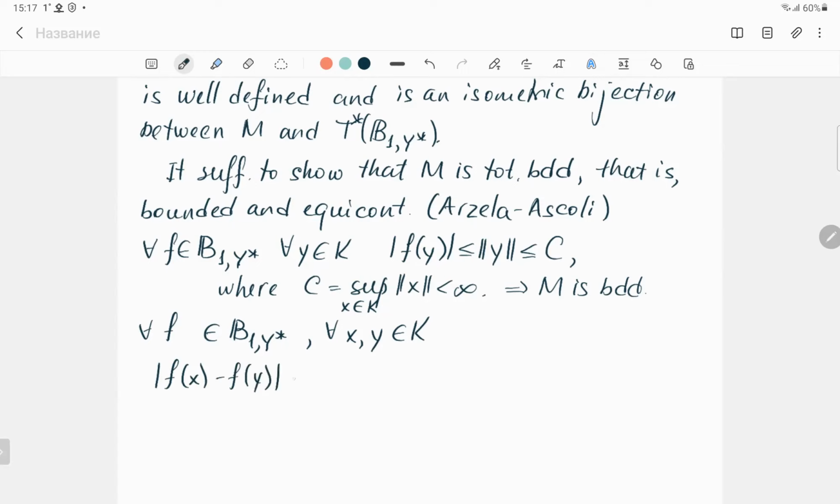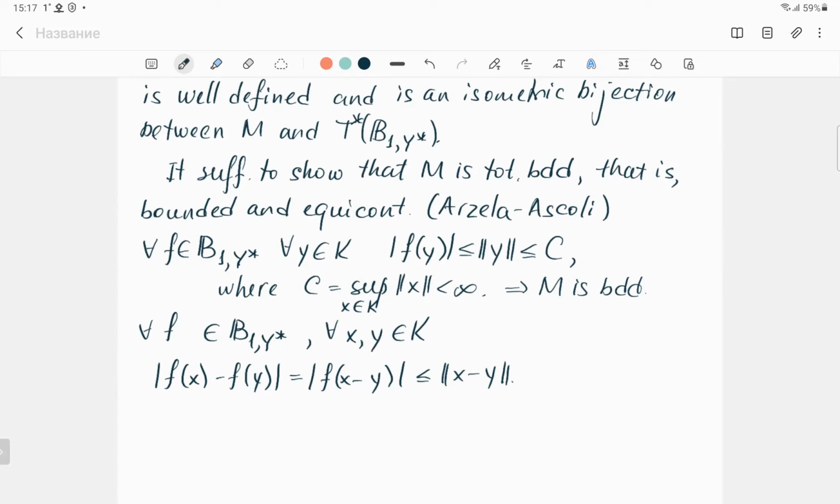Well, f is linear, so this is f of x minus y. And the norm of f is less than or equal to 1, so this is less than or equal to the norm of x minus y. So we see that M is not just equicontinuous, it has the stronger property of being, let's call it, uniformly one Lipschitz, in the sense that this estimate holds.